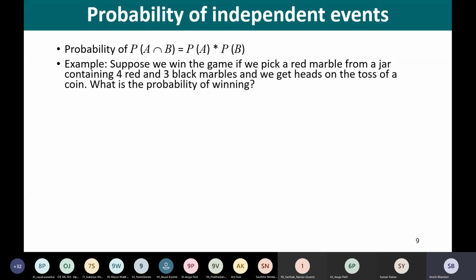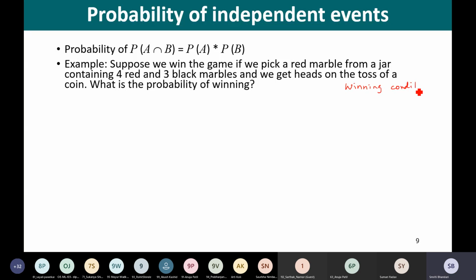Let us see one example. Suppose we win the game if we pick a red marble from a jar containing 4 red and 3 black marbles, and we get heads on the toss of a coin. So what is the probability of winning? What is the winning condition?